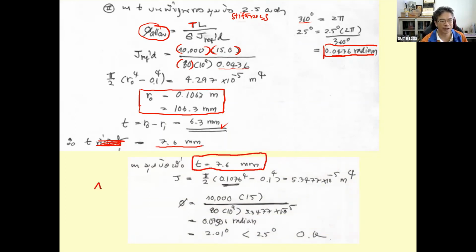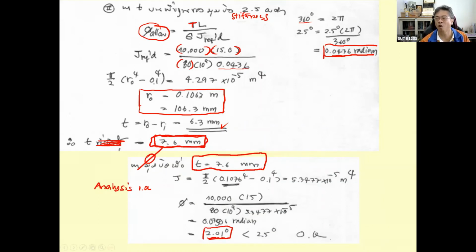This is going to be the problem of the analysis 1.8. Based upon this one, what is going to be the phi? That is going to be 2.01. Yep, this is thick, so the angle of twist is smaller than the allowable.